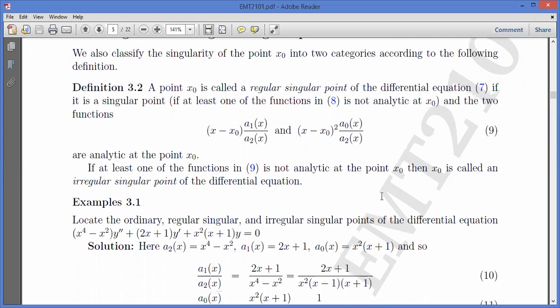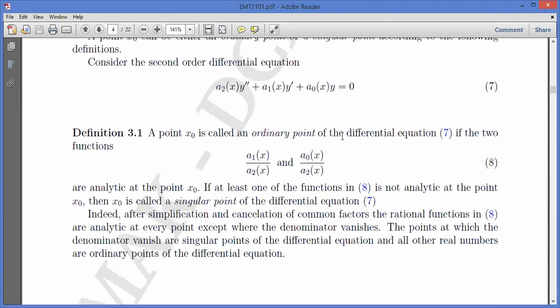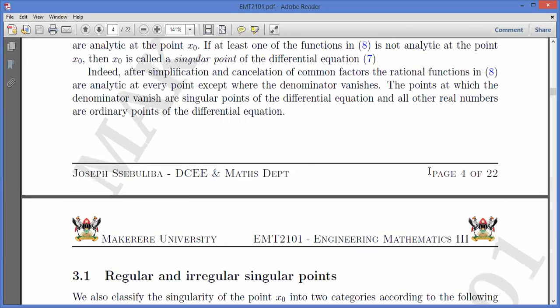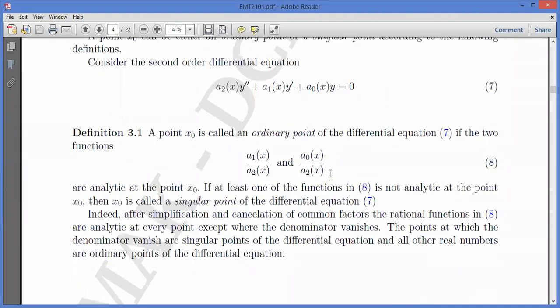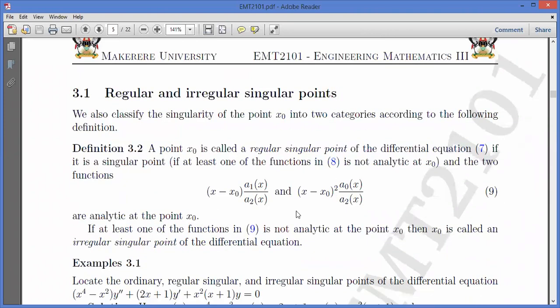So in this case, we are saying that if you have a regular singular point, that is when we associate that point with what we have extracted here in equation 8. Then if you deal with the substitution of that singular point, if at least one of the functions in 8, this one or that, is not analytic... If both of them are analytic, then x naught will be a regular singular point.